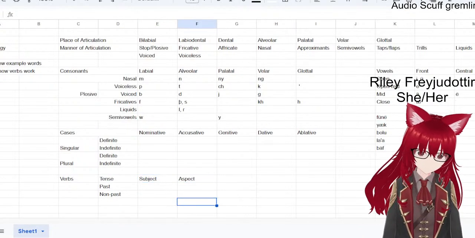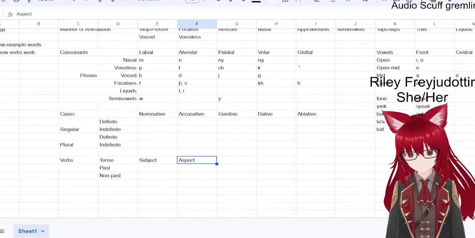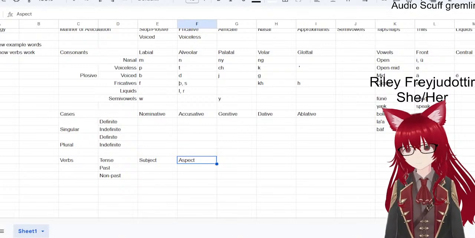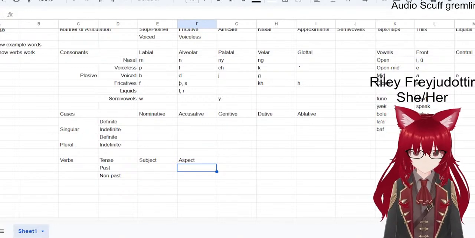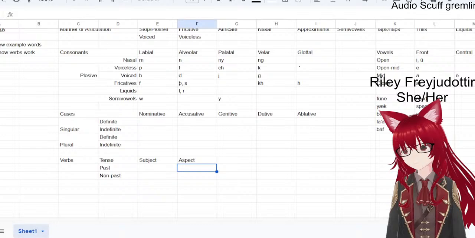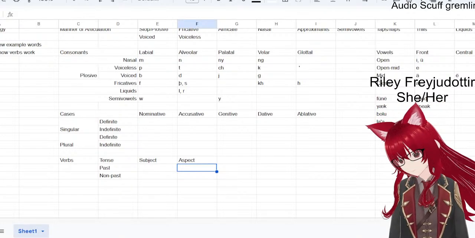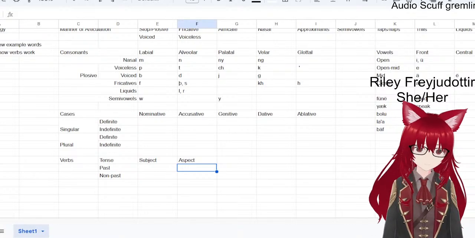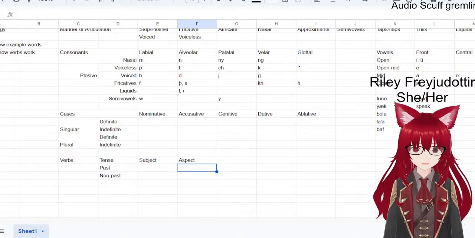Aspect is related to how the verb happens in time. For instance, you can have a perfective aspect, which is viewing the action as a singular point in time.